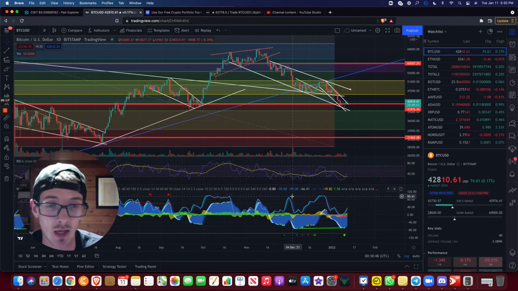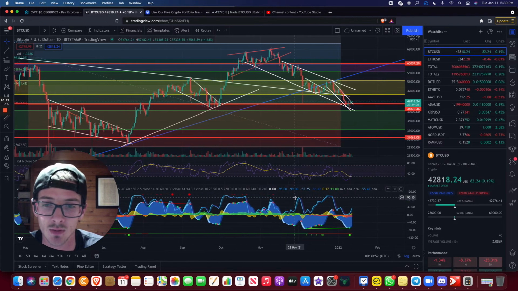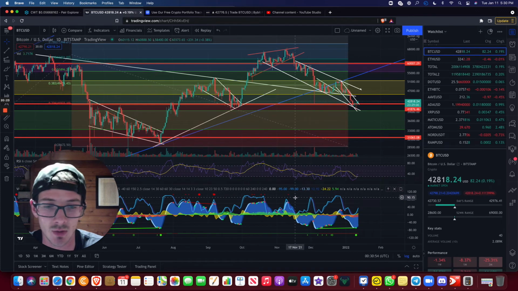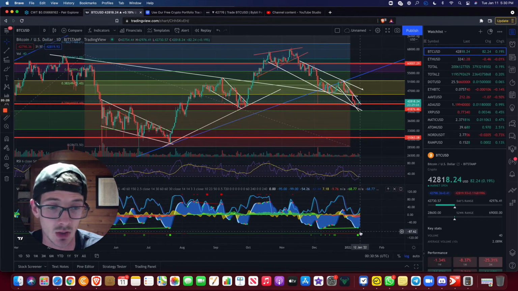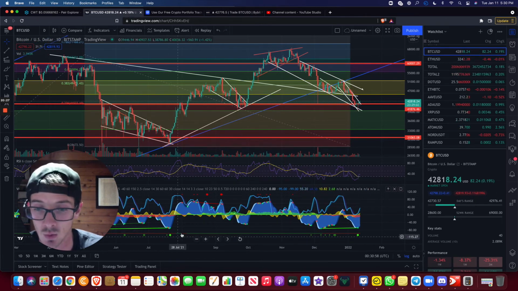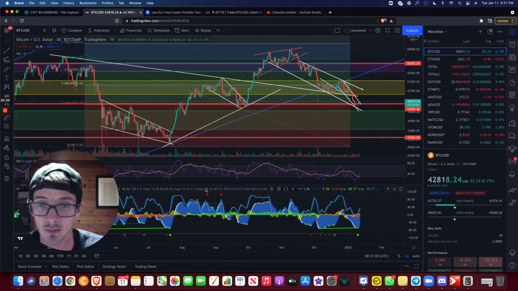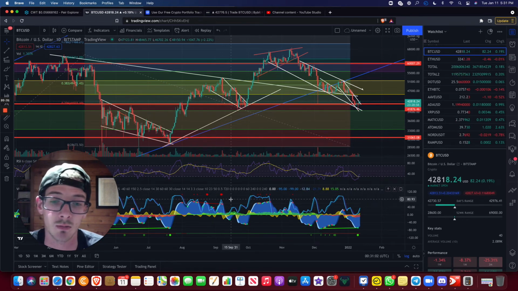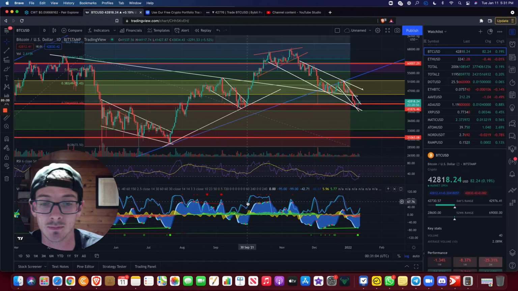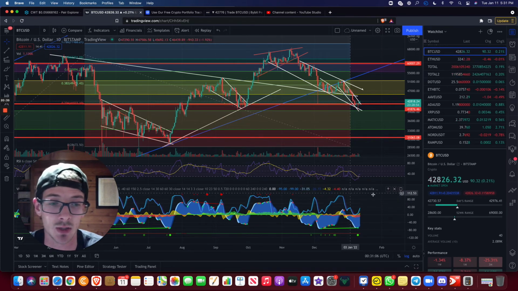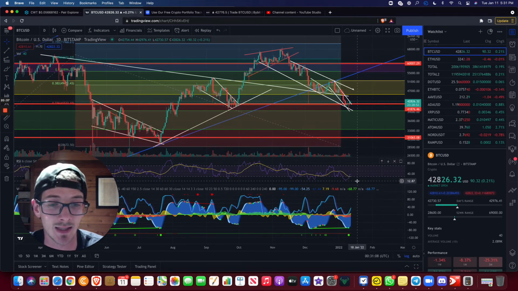So it's not perfect by any means, but when you do see some of these sort of signals, like this one that we just got, and this one way back here, and these couple up here, those ones are more than likely slam dunks in my opinion, especially when you take into consideration the RSI that is over here.